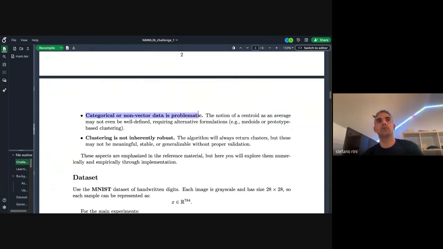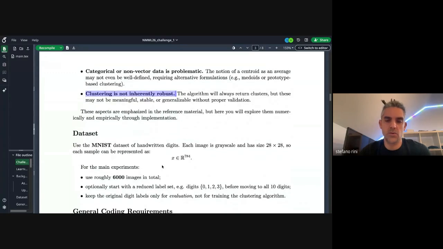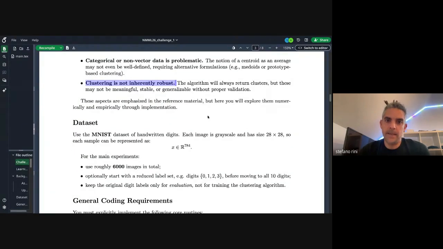Imagine that one of the features is whether the person is a student or not, or the occupation. How can you do clustering when you have categorical variables? And then clustering is not robust. The algorithm can return different solutions for different initializations, and you don't know how this can generalize across different populations.